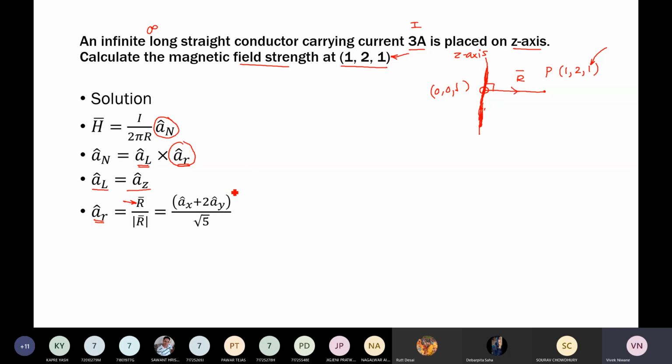So we have the expression for r bar and here we have the magnitude of r bar. So for now, if you have forgotten, destination minus source: 1 minus 0 ax cap, then 2 minus 0 ay cap and plus 1 minus 1 is az cap. So we have ax cap plus 2 ay cap. This is what we have written over here. So we have an expression of ar cap.